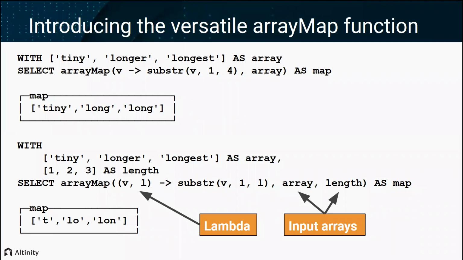We can also provide the length of the substring as a separate parameter. As you can see in the bottom example, we have two arrays, one array of strings, another array of string lengths, and we apply this using this map function. We calculate a variable length for every array element. This is a very, very powerful function. So let's go to the next example.